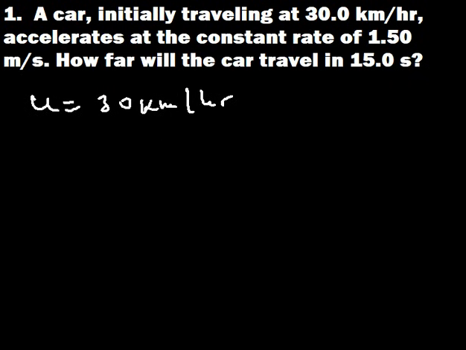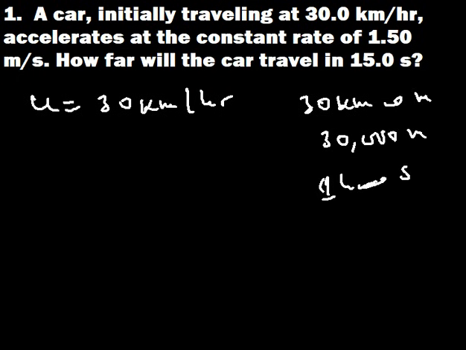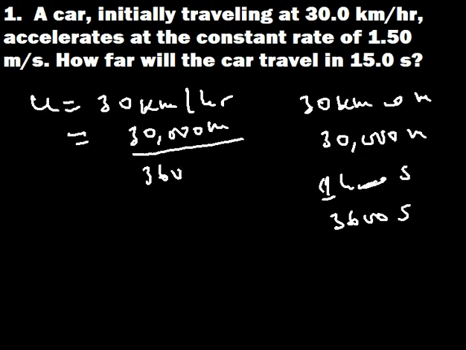You convert 30 kilometers to meters, that is 30,000 meters, and you convert 1 hour to seconds, that is 3,600 seconds. Then you divide the two, that is 30,000 meters divided by 3,600 seconds. So that's how you should have it.